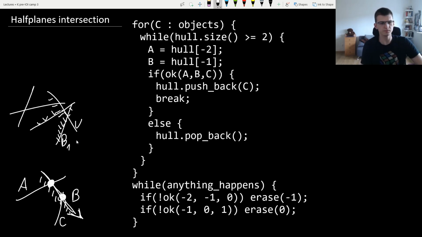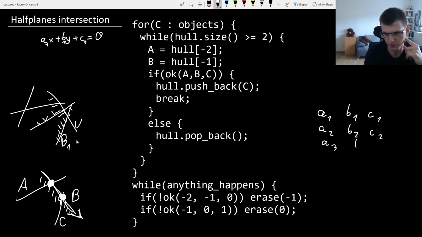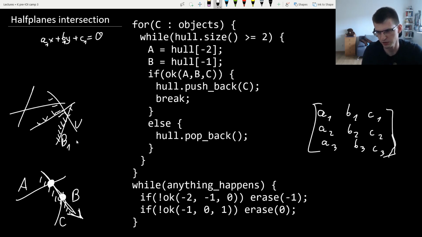That's one possibility. But the other, much more standard approach is that if every line you describe as ax plus by plus c is equal to 0, then for 3 lines A, B, and C, so this was A1, B1, C1, if you take the coordinates A1, B1, C1, then A2, B2, C2, A3, B3, C3, you need to compute the determinant of this matrix, which is A1, B2, C3 plus B1, C2, A3 plus C1, A2, B3 minus the other diagonals.